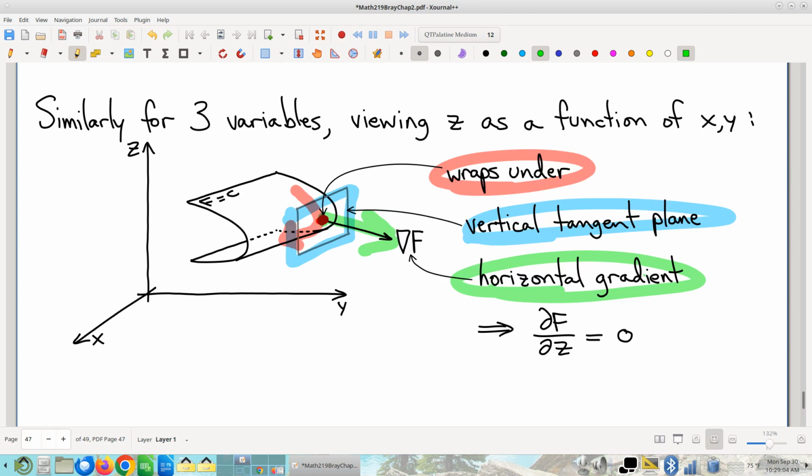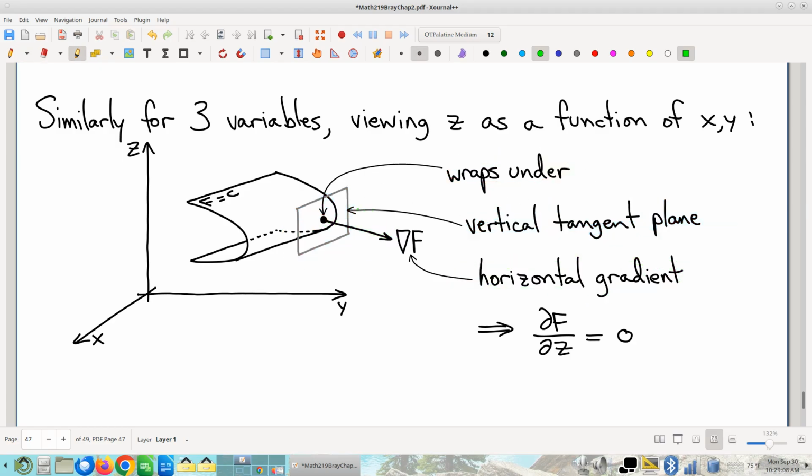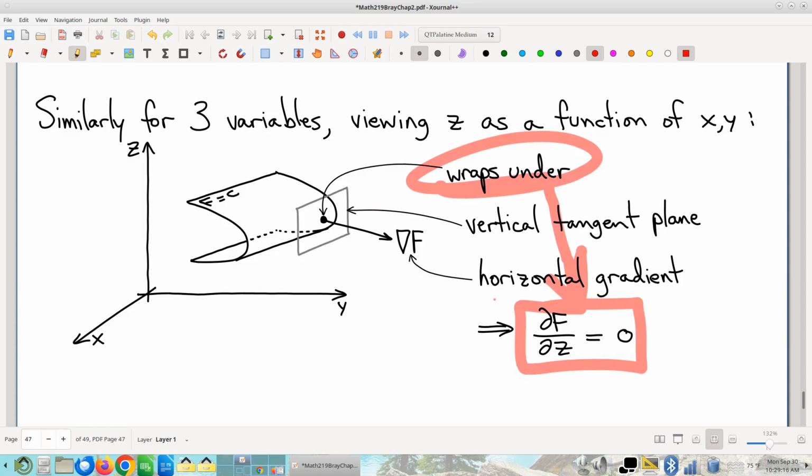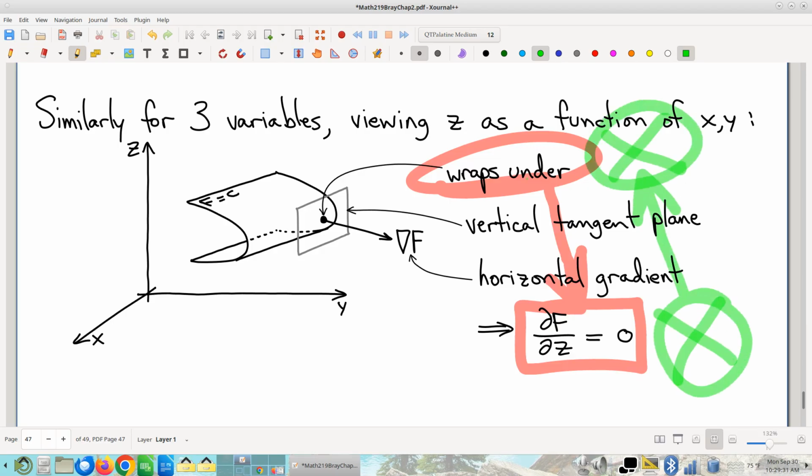And so again, we have ourselves a result that we can turn around backwards. If we had a problem, then the vertical component would have to be 0, namely this z partial would have to be 0. So turning that around backwards, if this does not happen, then that does not happen.